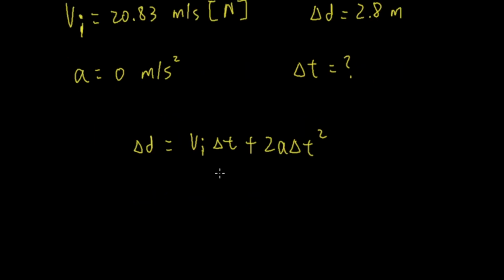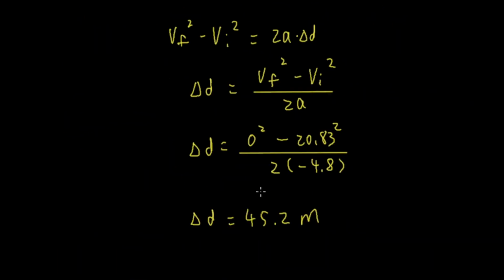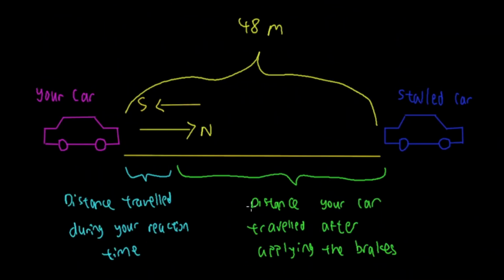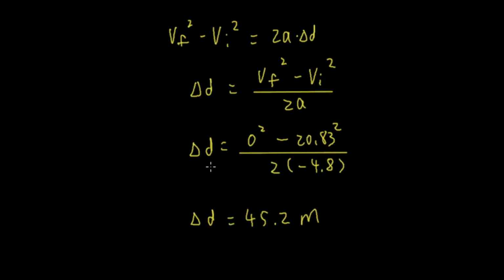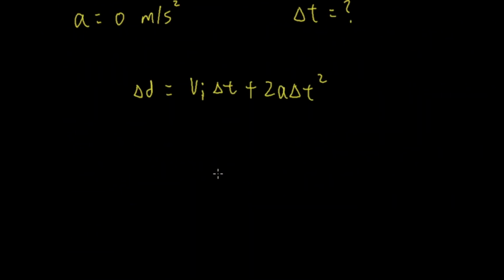Now, basically, delta t here is the time your car travels here, but it's also the reaction time. That's how much time it takes you to react, so that your car travels this much distance, right? Okay.